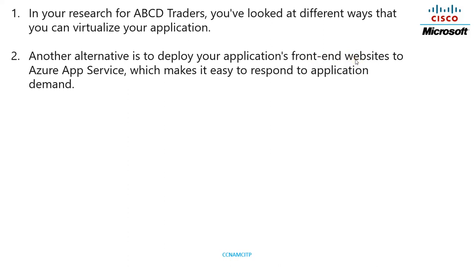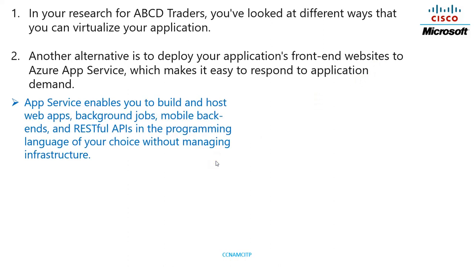You have found it, and you are suggesting this to your management, which makes it easy to respond to application demands. So how can you use Azure App Services to fix the problem here? With this specific solution, you have given them, you are going for Azure App Services for the application's front end website. Okay guys, so let me show you what it actually is.